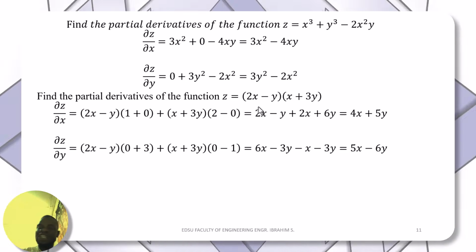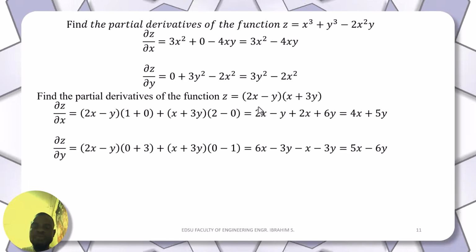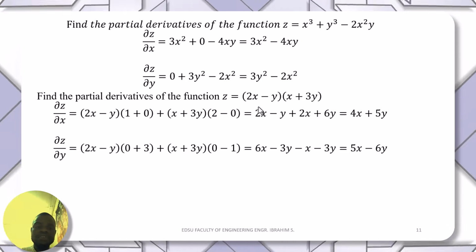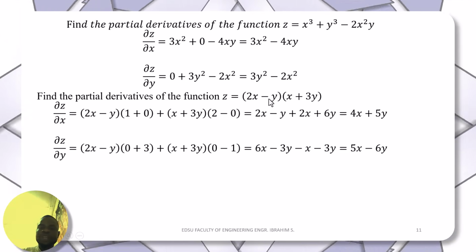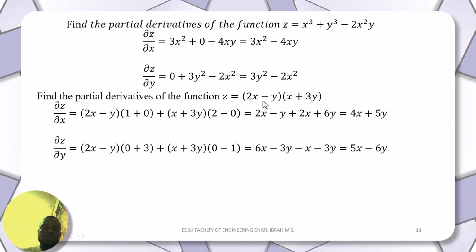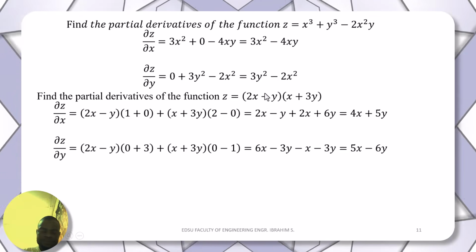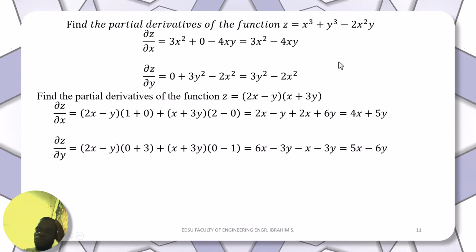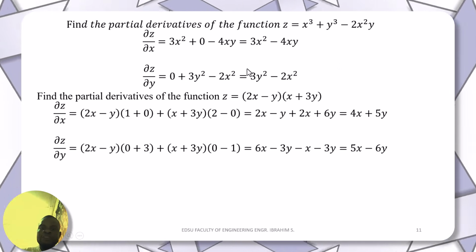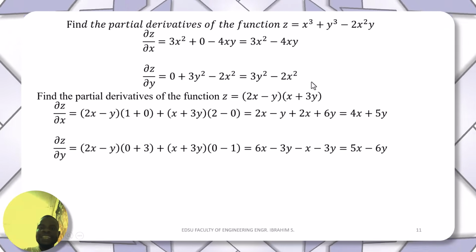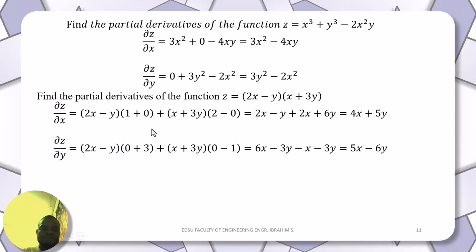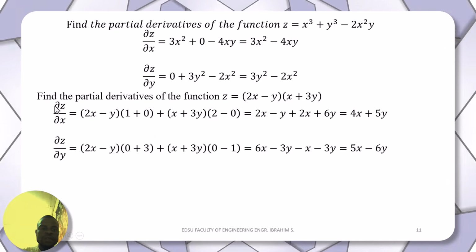Make sure it's clear, because if it's not clear, it's going to confuse you. Now for the product rule, we have v and we have u. So for the product rule, we have v du dx plus u dv dx.